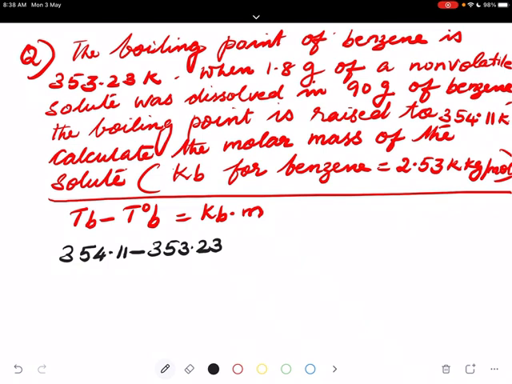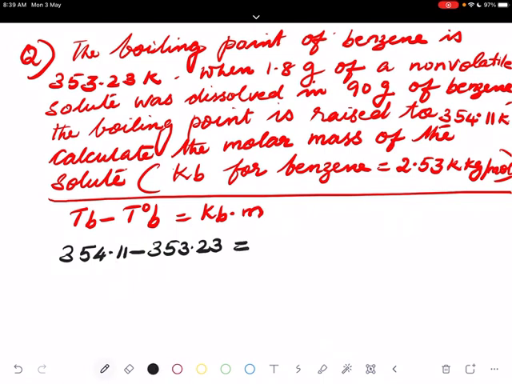See, boiling point is raised. Boiling point of pure benzene is this much, that is T naught B.